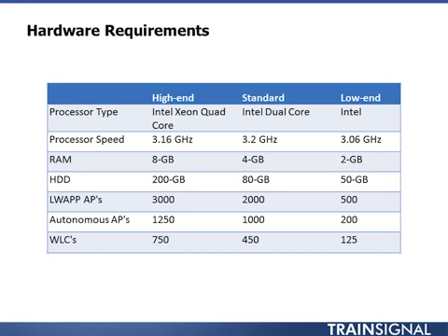And then at the low end, you can run it on a single processor, 3.06 gigahertz, or you can run it on a dual core 1.86 gigahertz processor. Of course you need less memory and hard drive, but you're supporting just up to 500 lightweight access points, up to 200 autonomous access points, and up to 150 wireless LAN controllers.